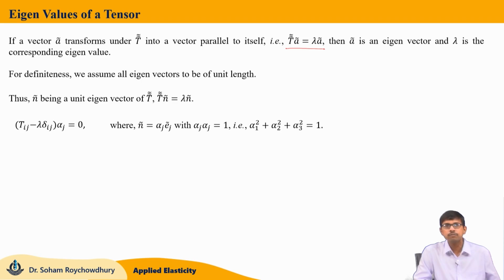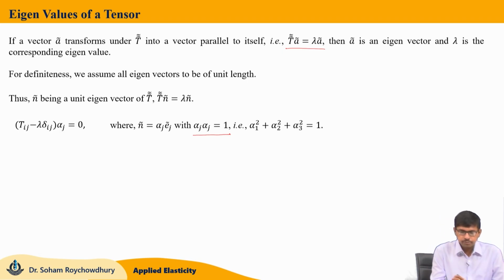Now, n equals alpha j e j. As n is a unit eigenvector, we define this alpha with the help of this expression, alpha j alpha j equals 1, where n is alpha j e j. So, alpha j are the components of the unit eigenvector n.